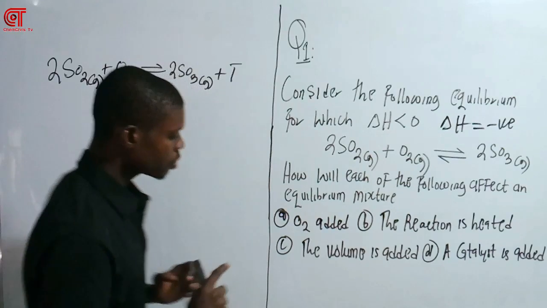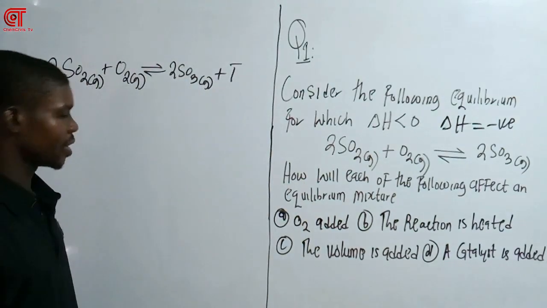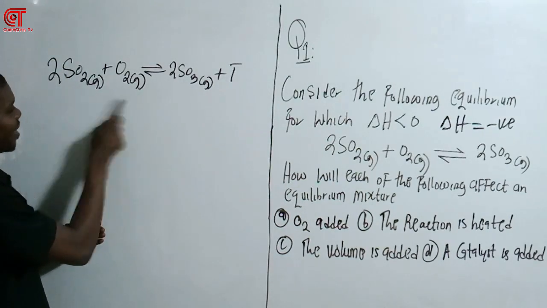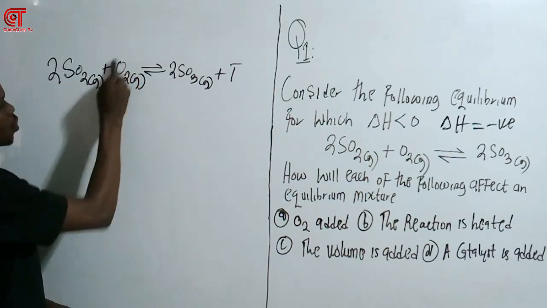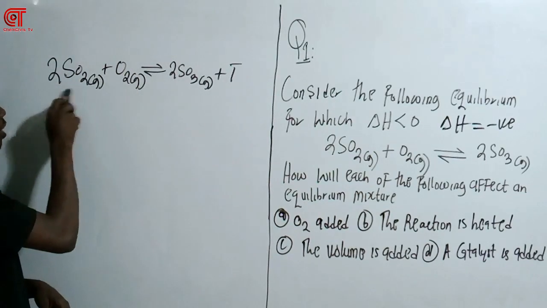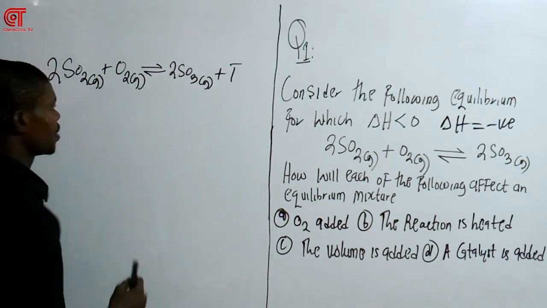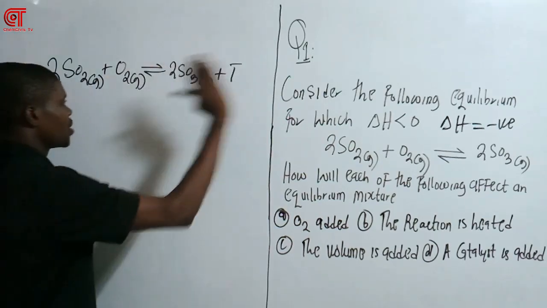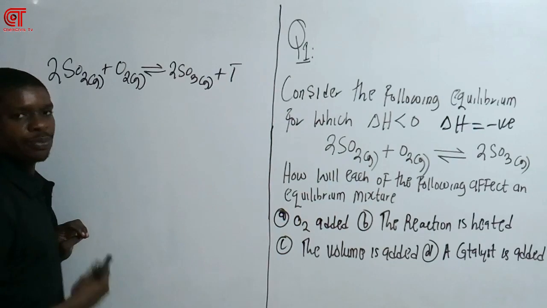So when you add O2 here, what will happen to the equilibrium position? Remember, O2 is one of the reactants, so that is increasing a reactant. If you increase O2, we have to consider SO2 and SO3 here. An increase in concentration of O2 will favor the forward reaction, that is, more SO3 will be produced.